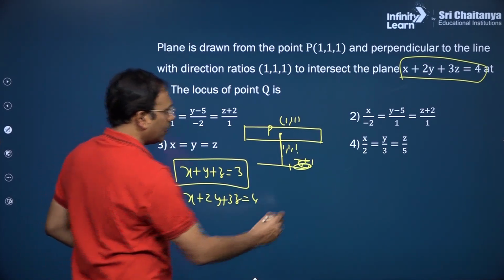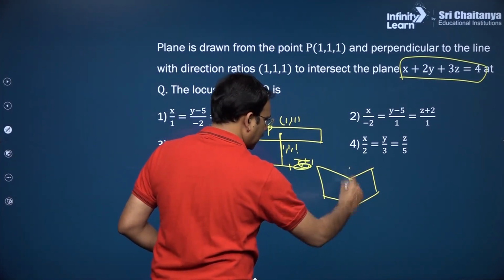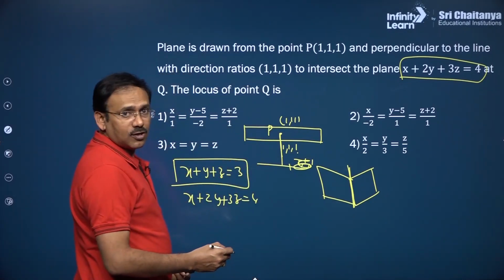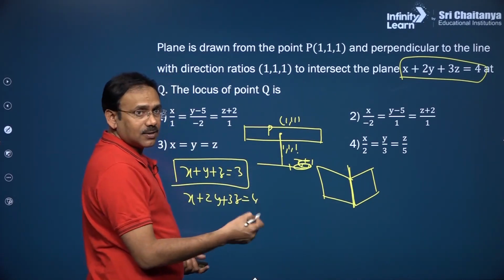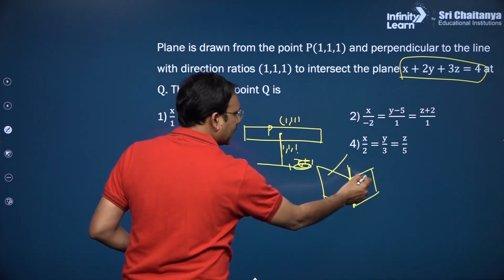Point number 1, when two planes intersect, my dear friends, this line's DRs are perpendicular to the normal to the first plane as well as the second plane.